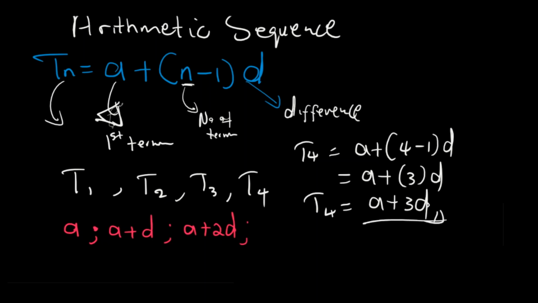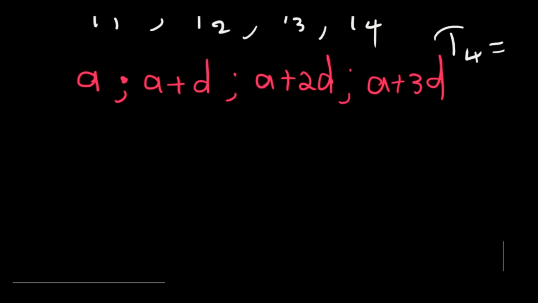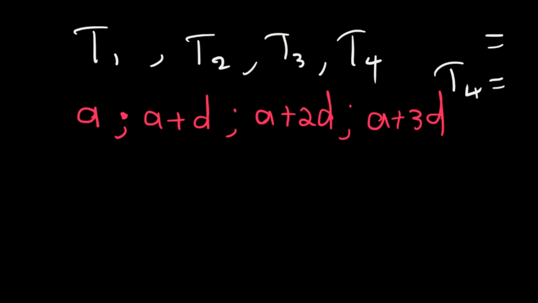So we're going to write it down here, a plus 3d. So it's going to continue just like that, term number 5, term number 6, term number 7, you know. So this is actually the sequence of an arithmetic, right? Where we have our first term being equals to a, our second term being equals to a plus d, our third term being equals to a plus 2d, our fourth term being equals to a plus 3d, right?